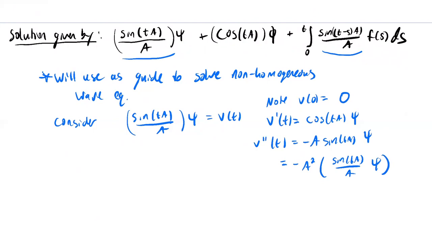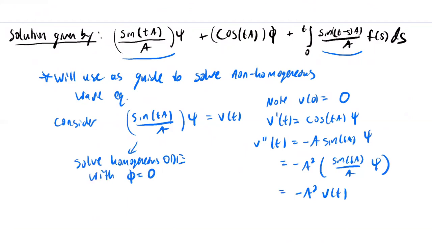And well, this is just minus a squared times v of t, right? So this function v of t solves the homogeneous ODE with phi equals 0, right? And of course, notice v prime of 0 up here. If I plug in 0, I get c.